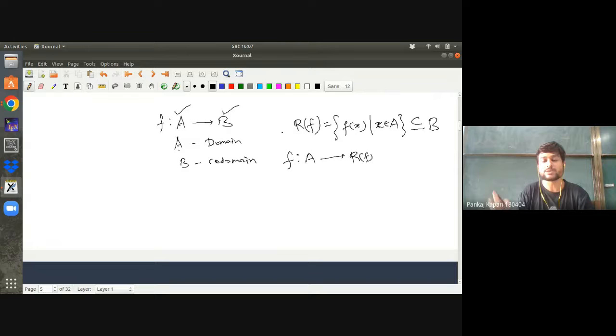Instead of B, you can make your codomain smaller. Now in this case your codomain and range are both the same, and the same function f.